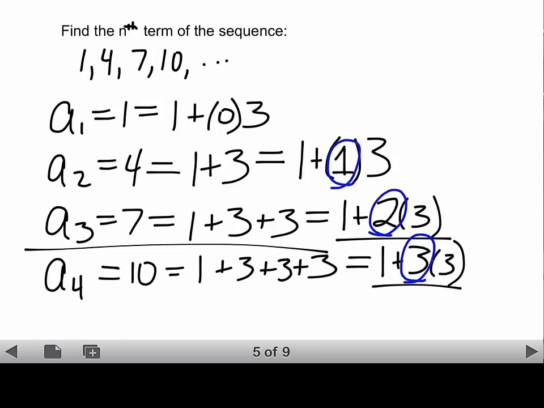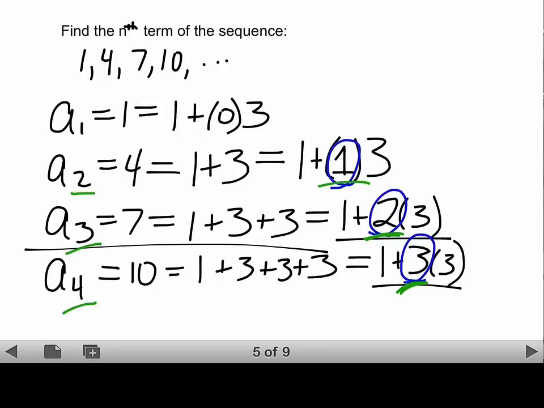Okay, now I need to start matching things up with the indices. That's plural for index. A sub 2 was 1 plus 1 times 3. A sub 3 was 1 plus 2 times 3. And a sub 4 was 1 plus 3 times 3.